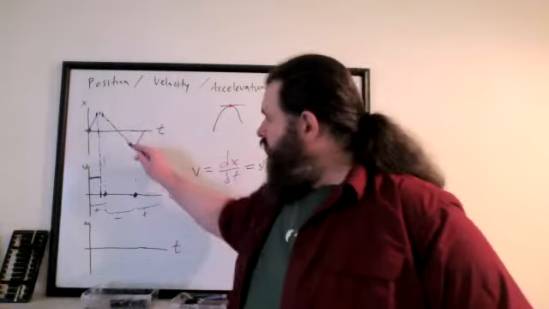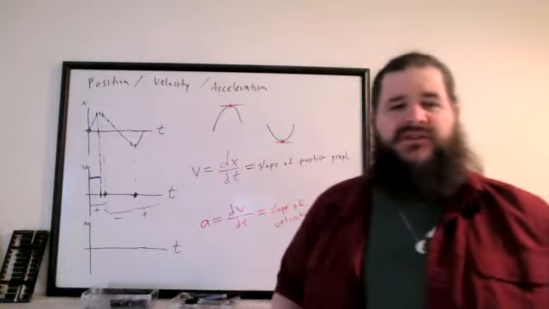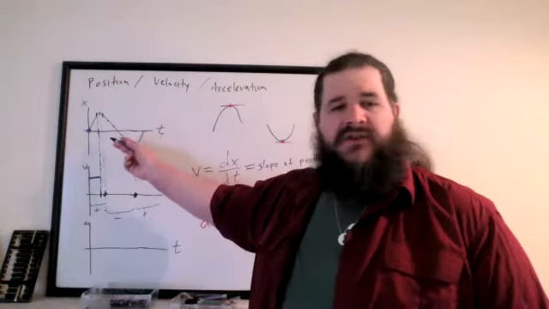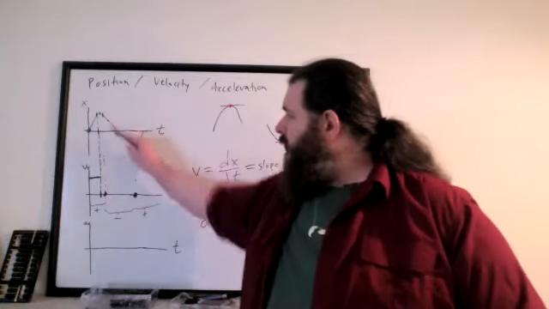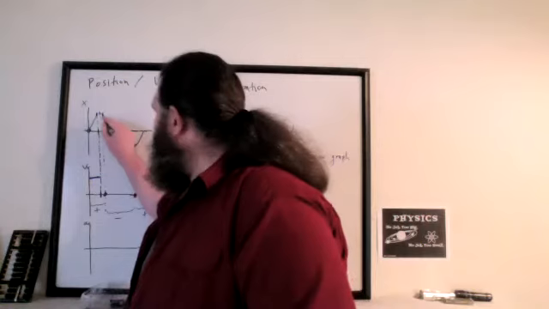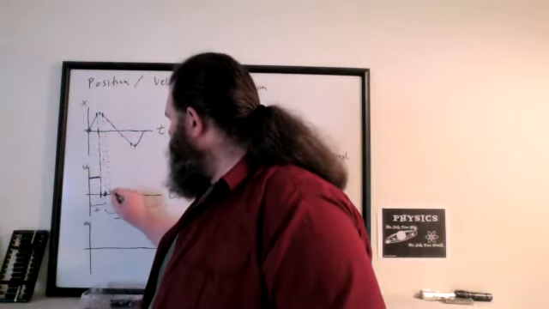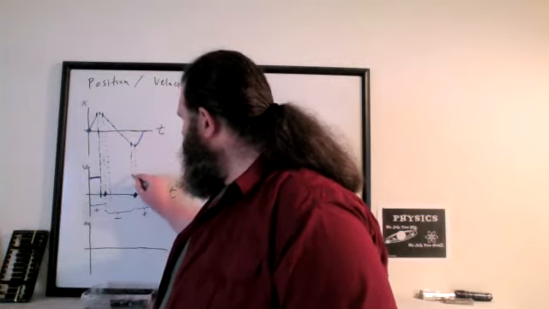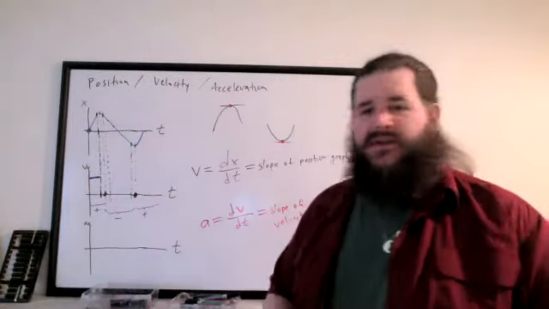If this truly is a straight line, even for just a portion of time, then during that portion of time, the slope is constant. Slope of position being constant means the value of velocity is constant. So velocity during that period of time, let's say from here to here, the velocity is going to be some negative constant.